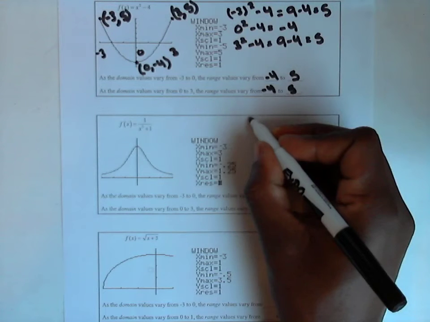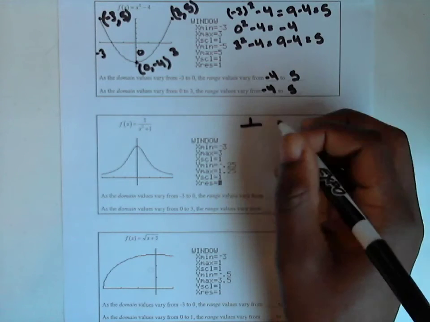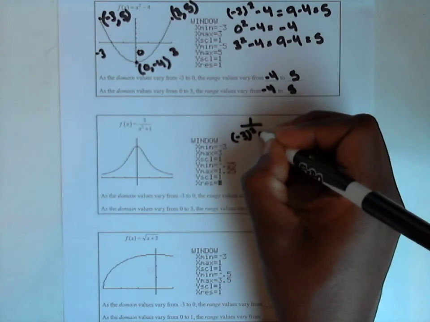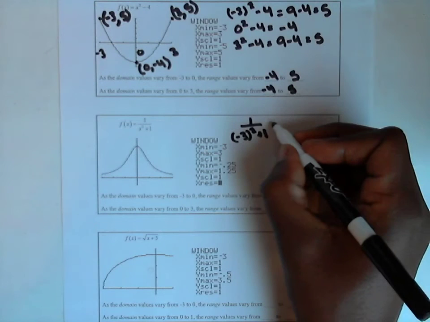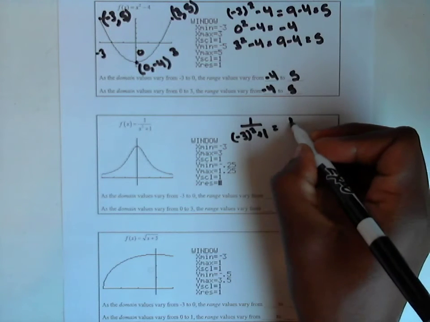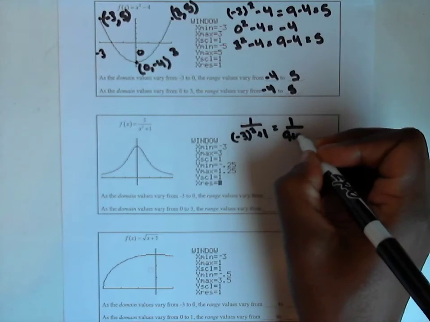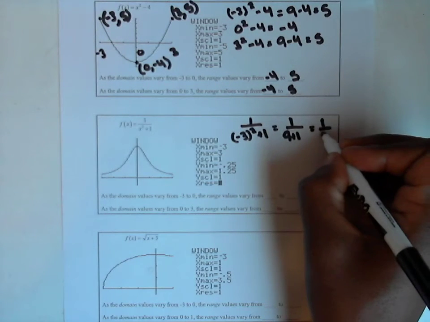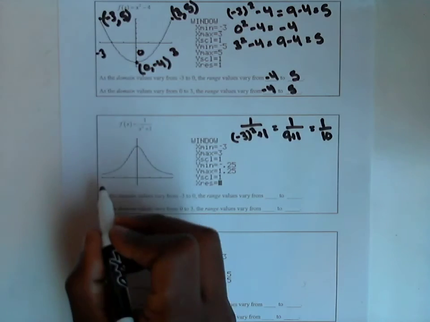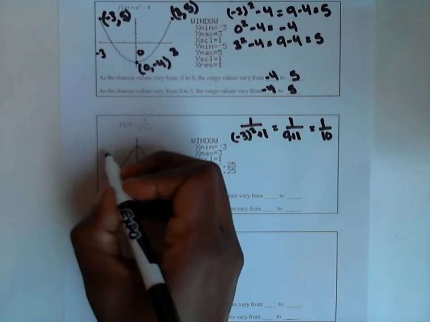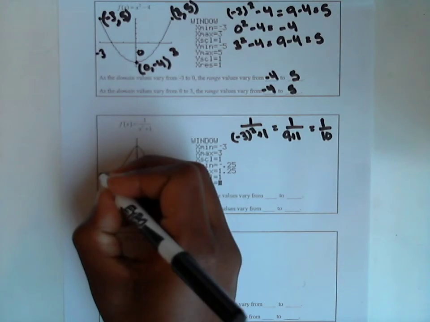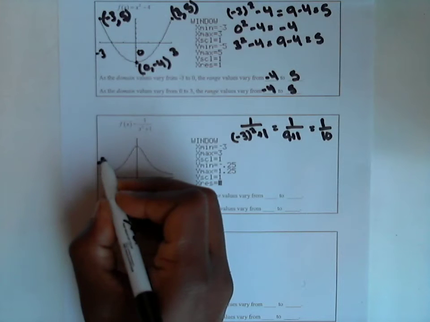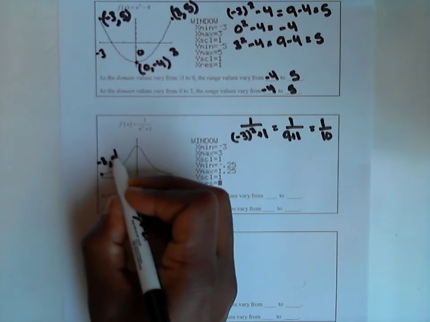I'll have 1 divided by -3 squared plus 1, and that's going to equal 1 over 9 plus 1, which equals 1 over 10. So I know when I'm at -3, this point right here is -3, 1/10.